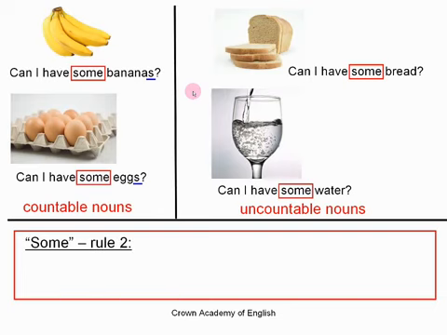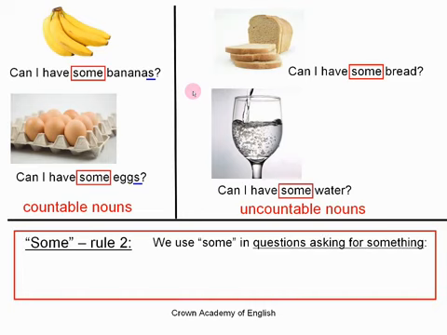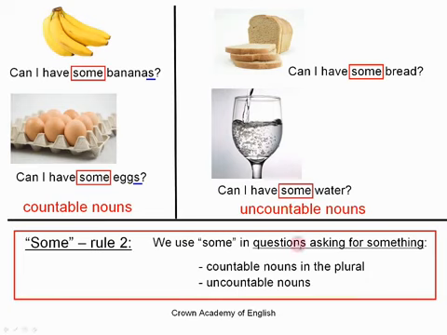So rule number 2 for the word some is we use some in questions asking for something. And the countable noun must be in the plural, and it can also be an uncountable noun. So questions asking for something.